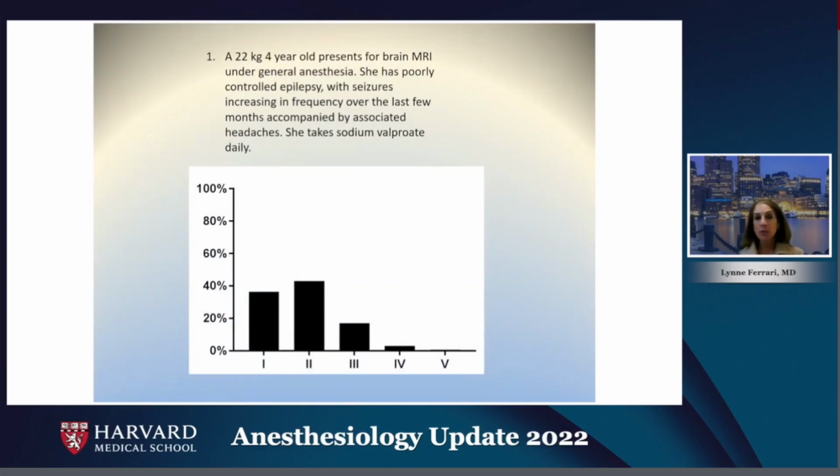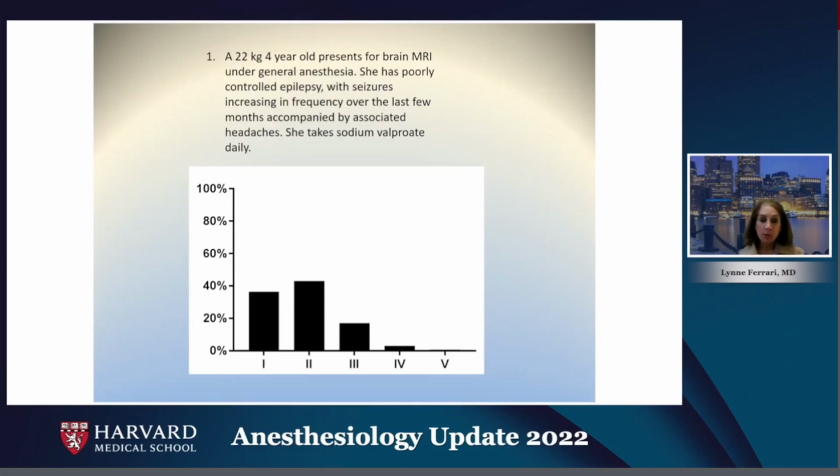This is a 22-kilo 4-year-old presenting for brain MRI under general anesthesia. She has poorly controlled epilepsy with seizures increasing in frequency over the last few months, accompanied by associated headaches, and she takes sodium valproate daily.